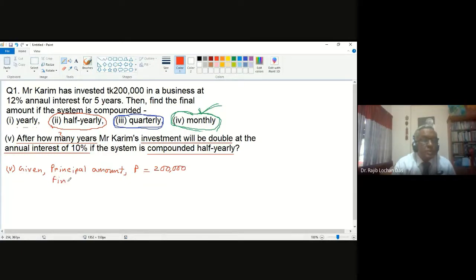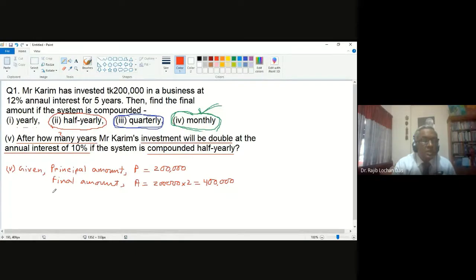It is also given, because the final amount will be just double of this. So A will be 2 lakh into 2, 4 lakh. According to the question, it is double, so it is 4 lakh. So these two things are known.